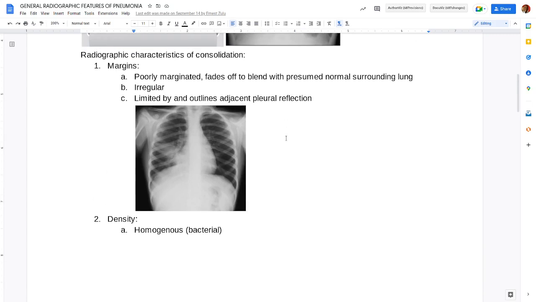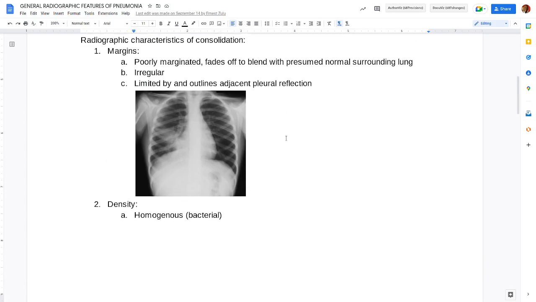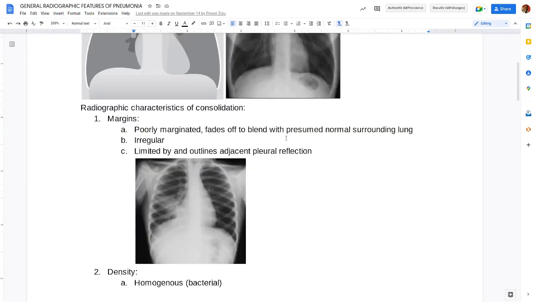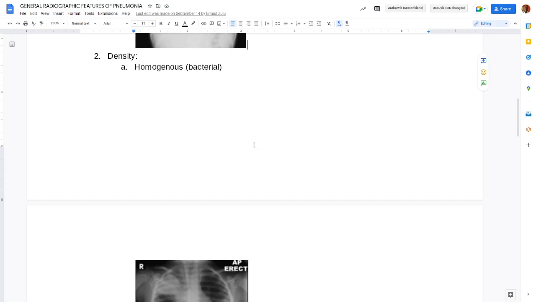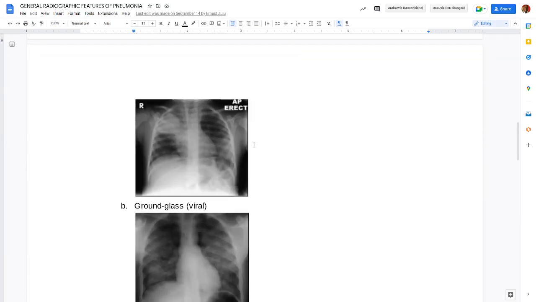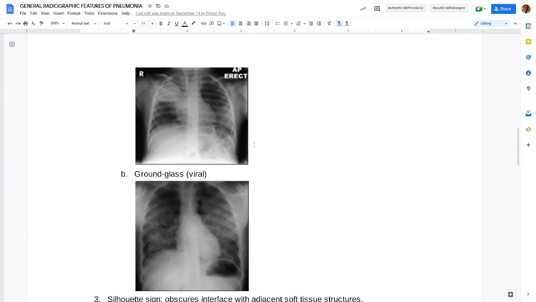The second entity is the density itself. The density, the appearance of that white patch, may be homogeneous or heterogeneous.